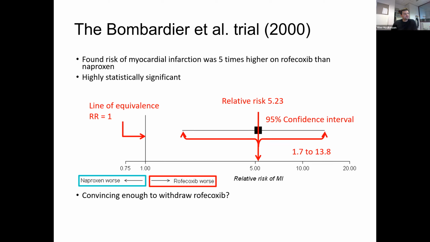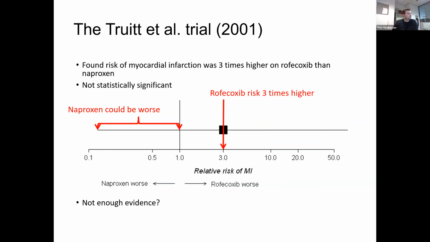Actually it was 5 times higher risk. And you can see with the confidence interval, because it's not overlapping the null, which is 1, it's statistically significantly worse. Now, is this convincing enough evidence to withdraw the drug at this point based on this individual study? We'll think about that, and I'll come back and answer it on the next couple of slides.